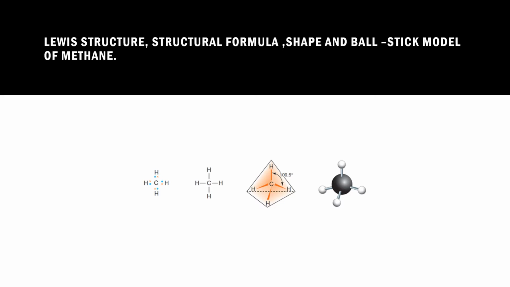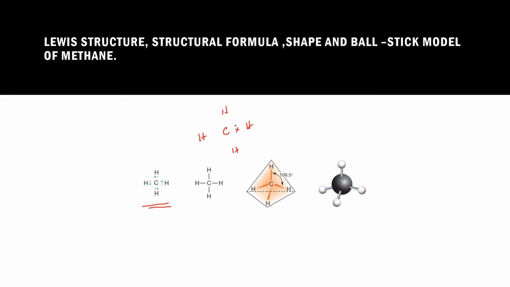Okay. So this is the Lewis structure of methane, CH4. So you can see what's happening here. When you deal with the Lewis structure, you know CH has covalent bonds, so they share two electrons to make one bond.